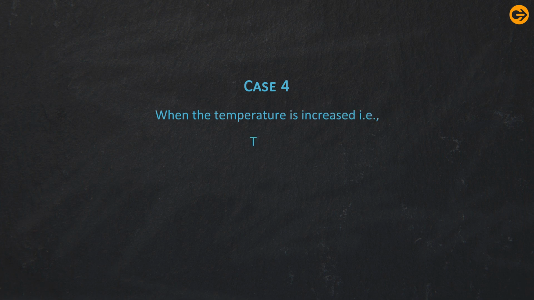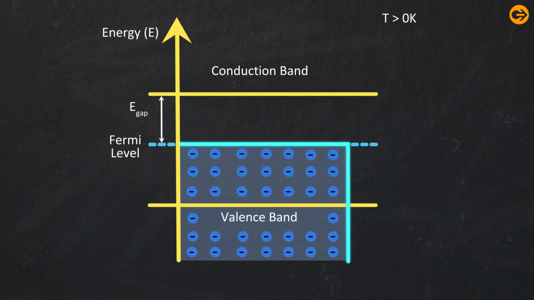For the final case, that is case 4, when the temperature is increased, that is T is greater than 0 and E is equal to Ef, the probability function Fe becomes half. So we can say that the Fermi level Ef is the energy level where the probability of finding the electron is half.